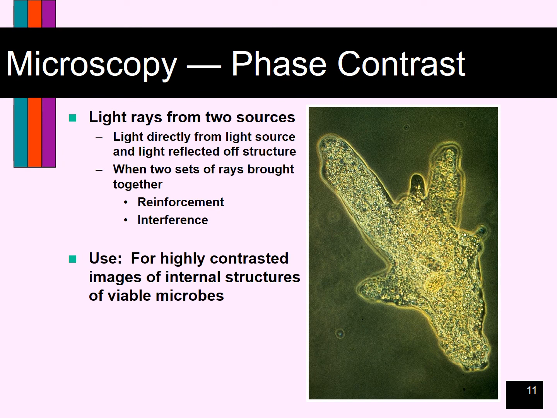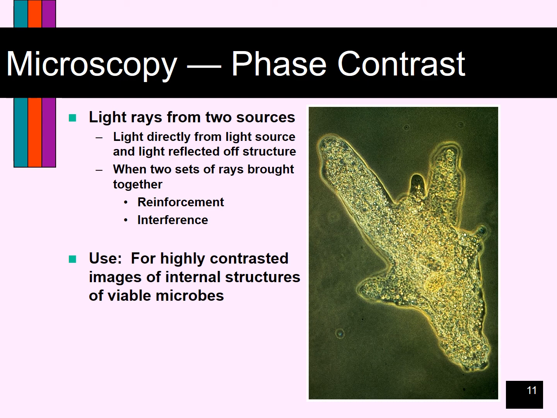All right. Another type of light microscopy, which would have the same features, the same magnification and resolution as the bright field and dark field microscopes, would be the phase contrast microscope. The phase contrast microscope has a special condenser, kind of like the dark field microscope.